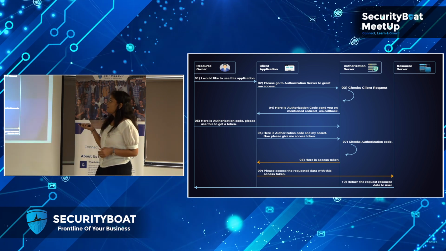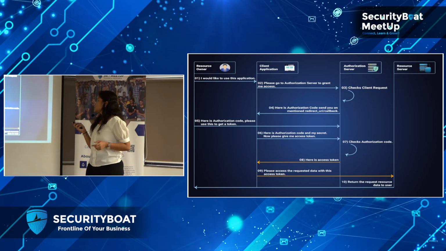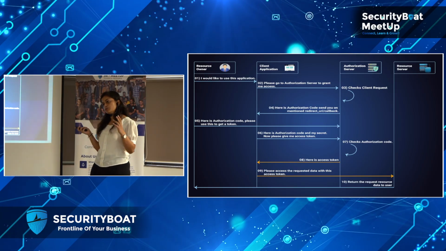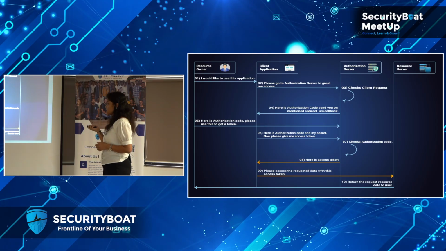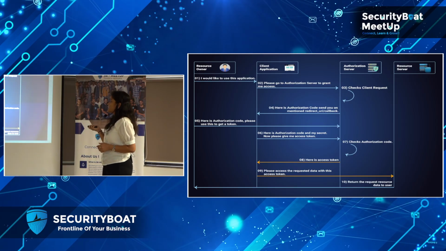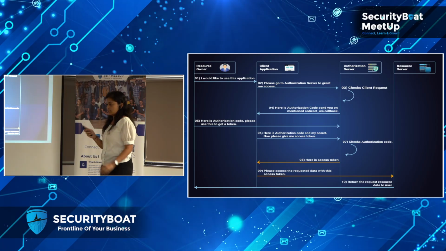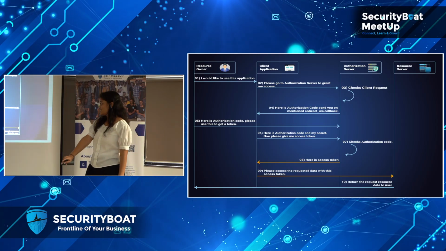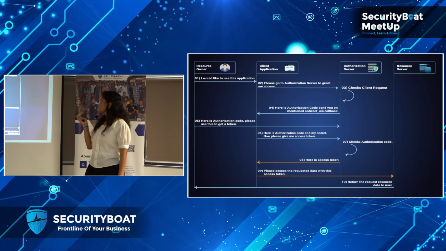With the help of the authorization code, the client application uses its secret to prove that it is the only one asking for this data. Then it goes to the authorization server, which checks the authorization code and the client secret, then gives the access token. With that access token, it gets the requested data from the resource server.